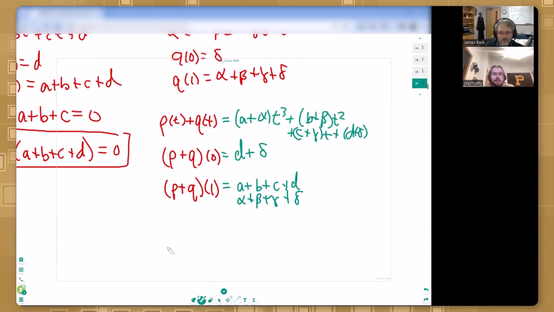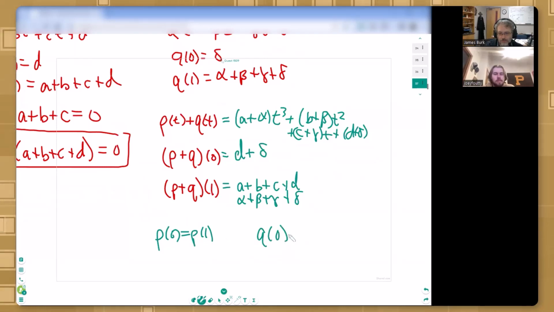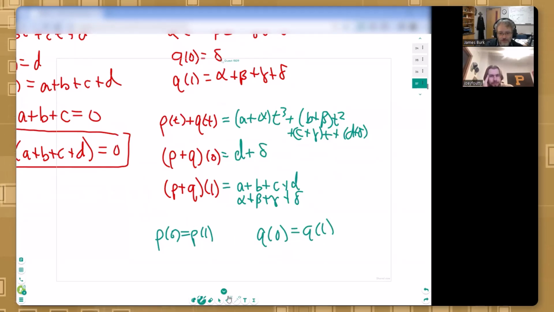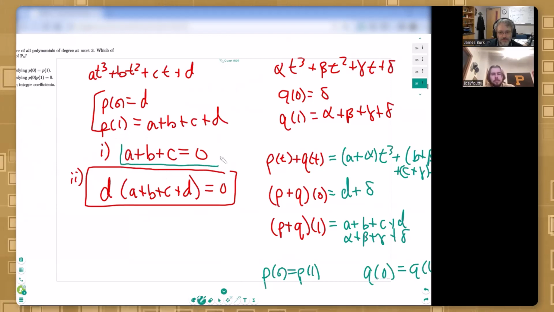And that's telling me very quickly, yeah, it looks like it's definitely going to be closed, maybe, because we do know that we're going to have this. And we do know also we have that. So if these two things are true, that's telling me that a plus b plus c has to equal 0.